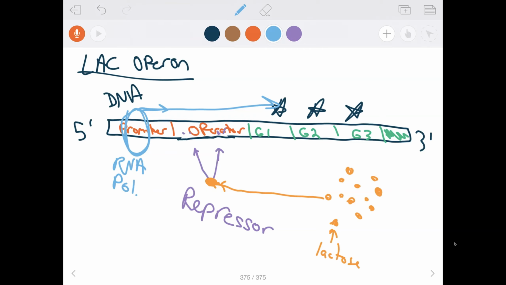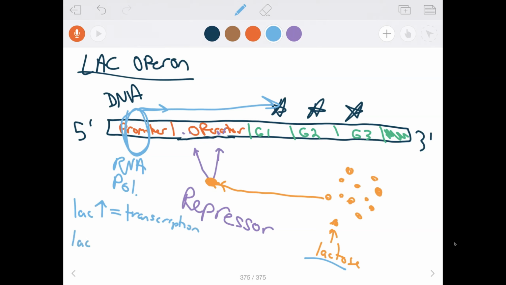So what determines whether it's turned on or off? Well, lactose concentration. If the lactose is high, then you get transcription.